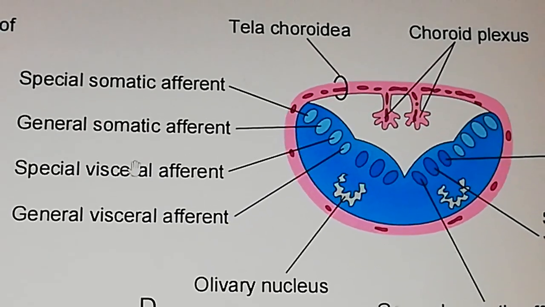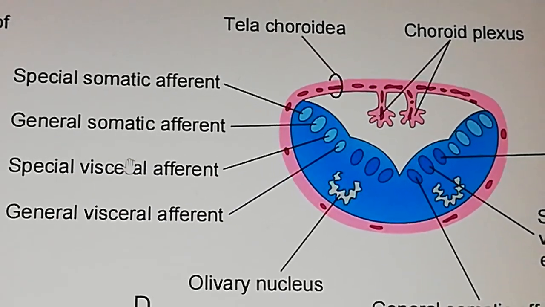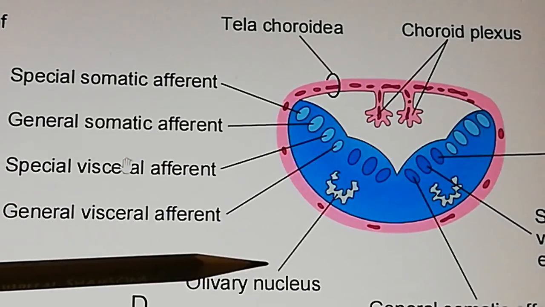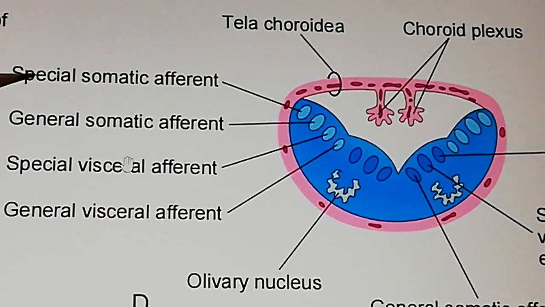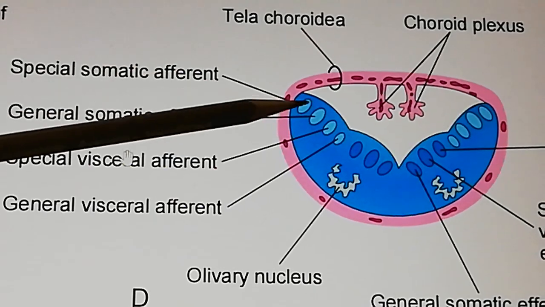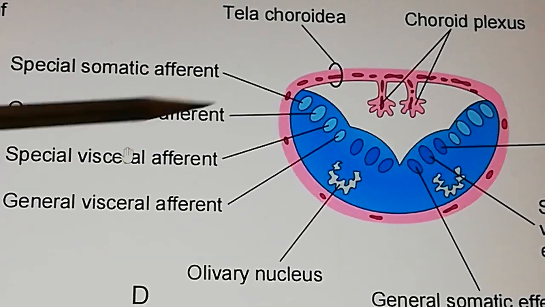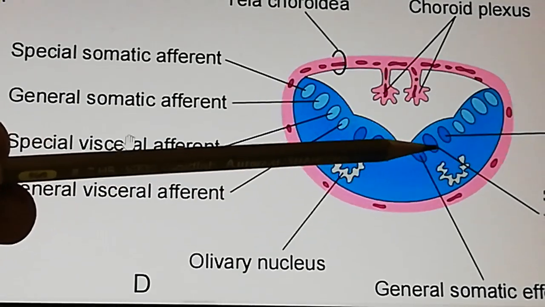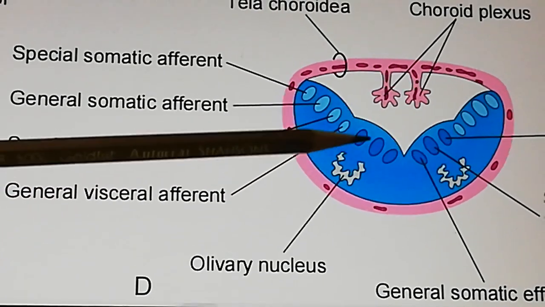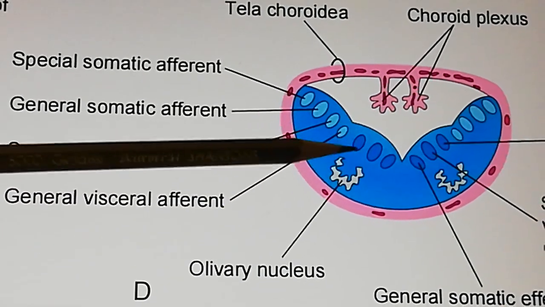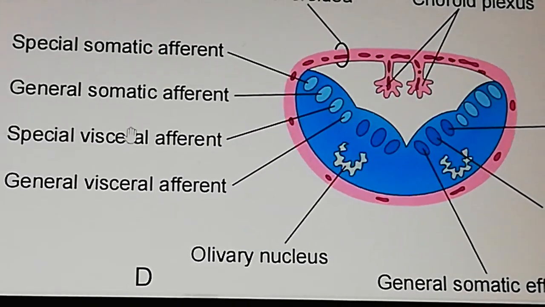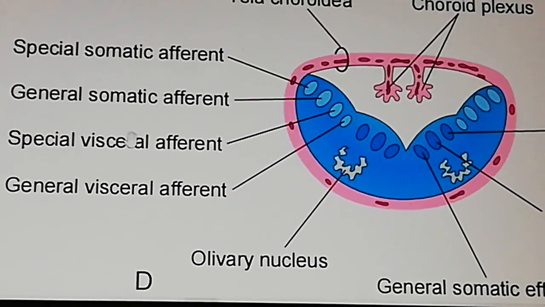But three special components are also added in the cranial nerves. Let's see what they could be: the special somatic afferent, the special visceral afferent, and the special visceral efferent. These are three new columns that are added regarding your cranial nerves. We have discussed them in detail in my other video, right?